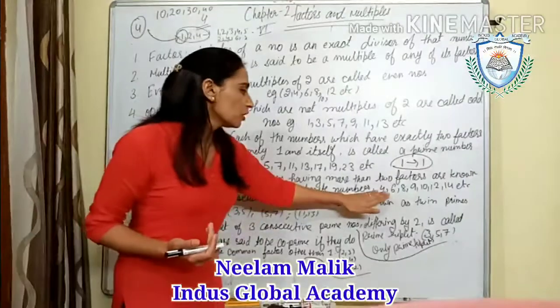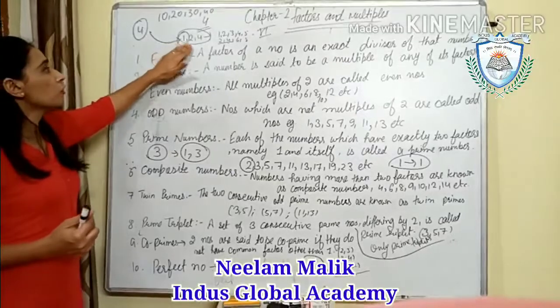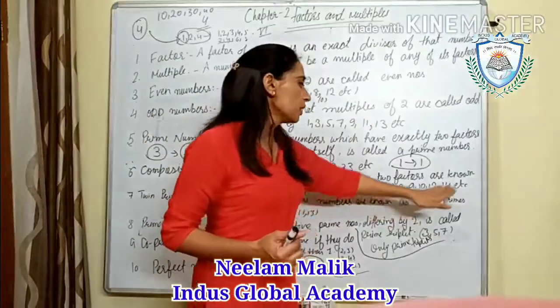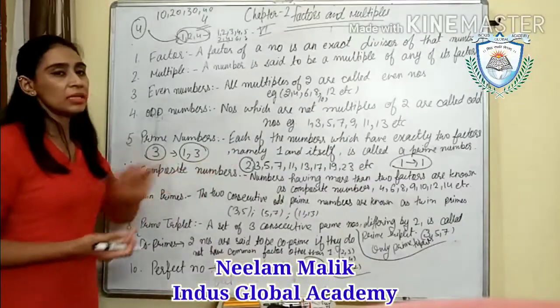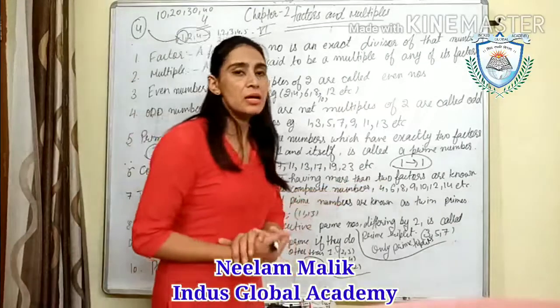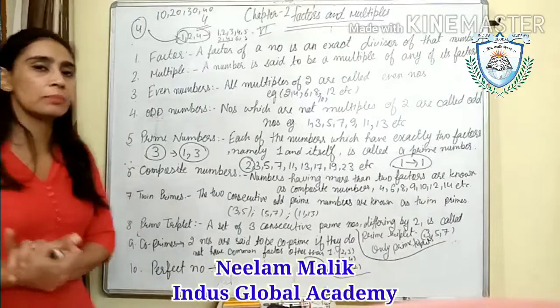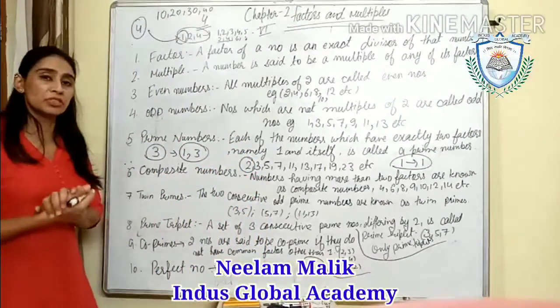For example, 4. How many factors does 4 have? 4 has 3 factors. Then after 4, 6, 8, like this. The numbers that do not come in the prime numbers will come in the composite numbers. But 1 is neither prime nor composite.